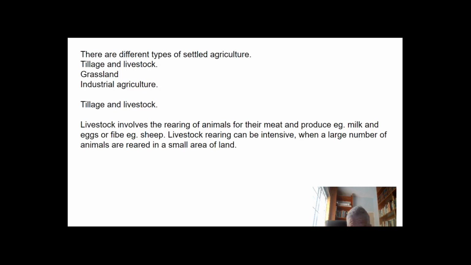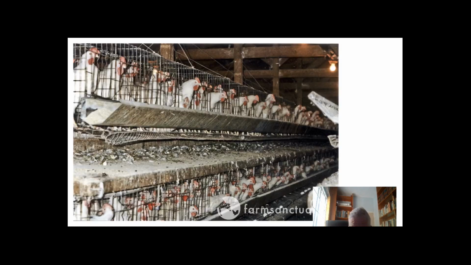And there are different types of settled agriculture: tillage, livestock, grassland, and industrial agriculture. Livestock farming involves rearing of animals to produce meat and other products, such as milk, eggs, and fibre. It can be intensive when a large number of animals are reared in a small area of land, but it's not always intensive.